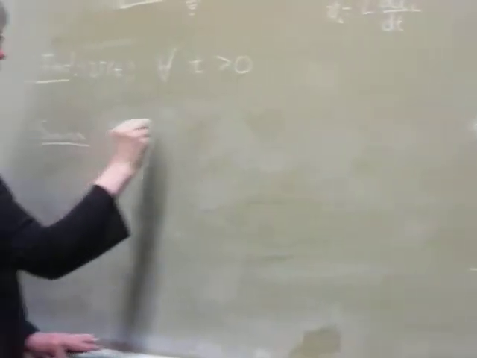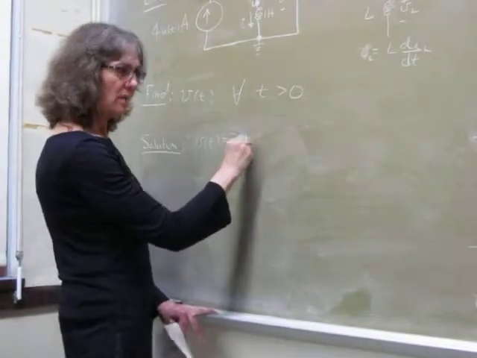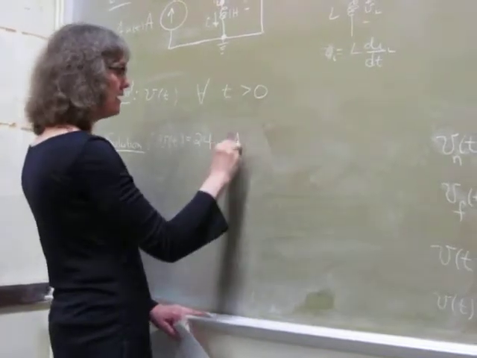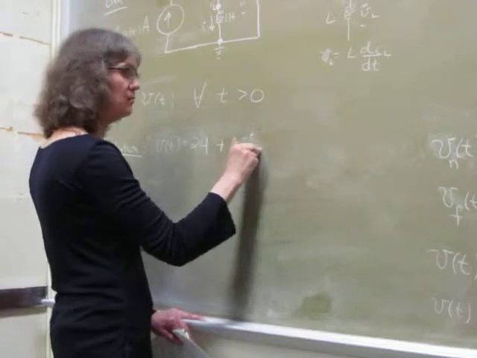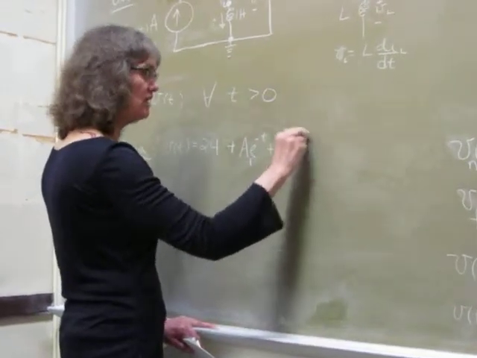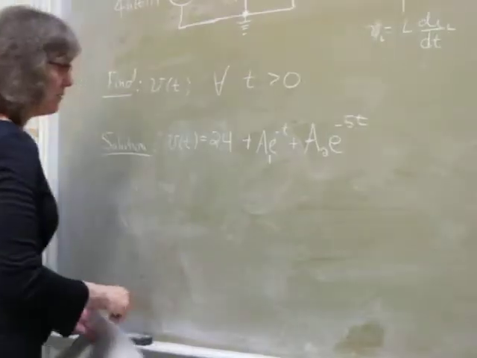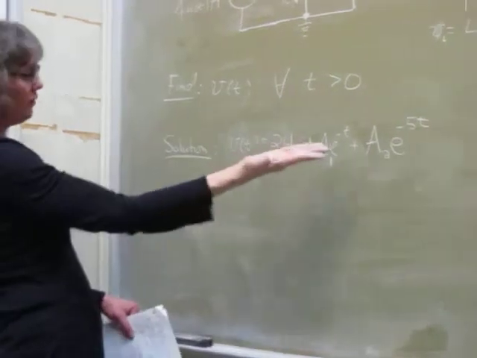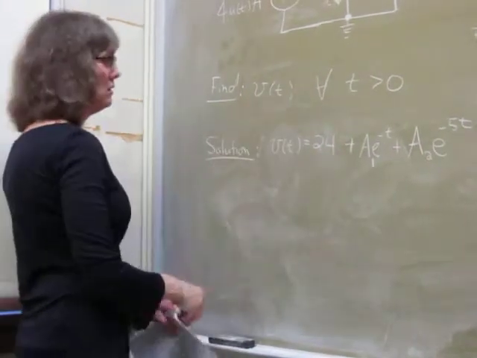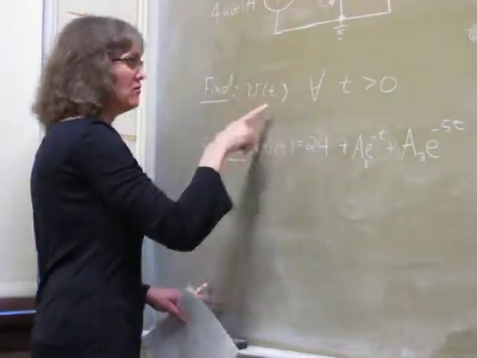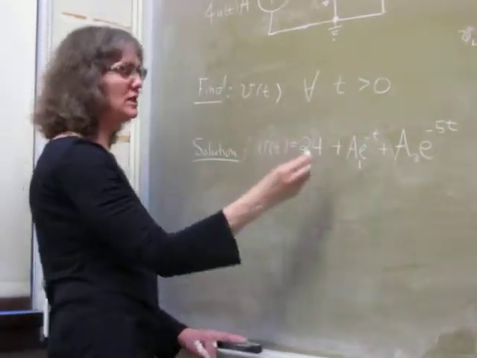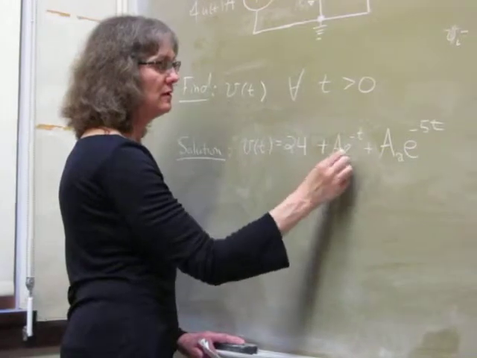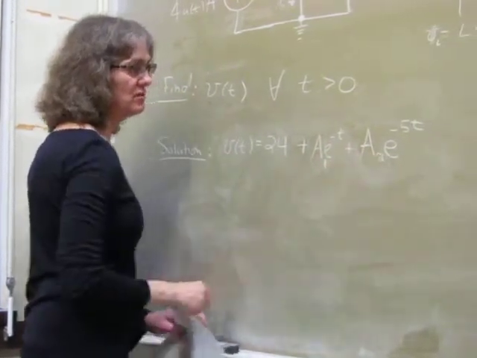V of t is equal to 24 plus A1 e to the minus t plus A2 e to the minus 5t. So we've got our answer. I mean, we pretty much solved for v of t for all t greater than 0. The only issue now is that we don't know what these two constants are.